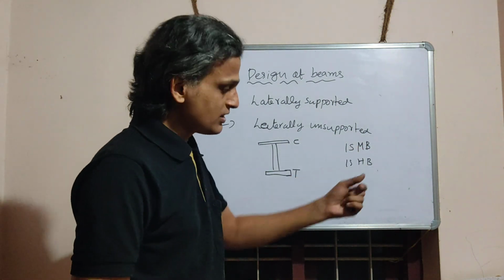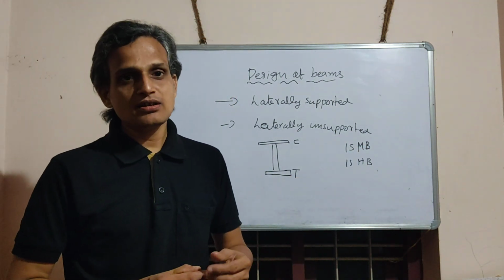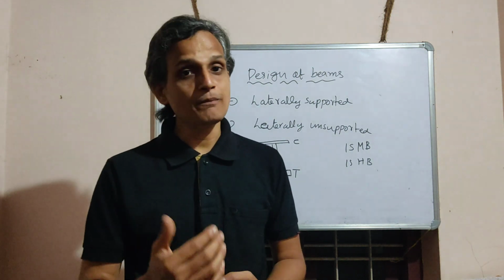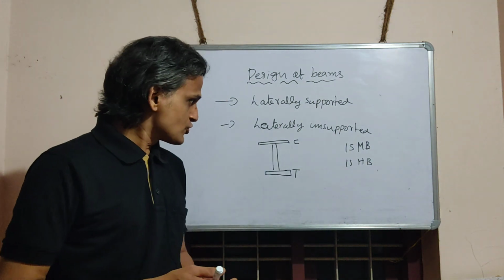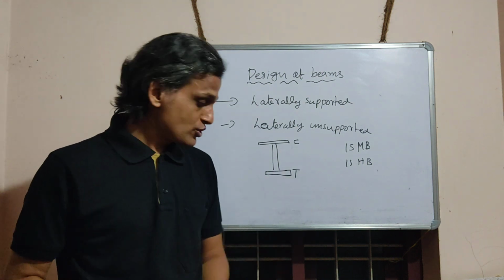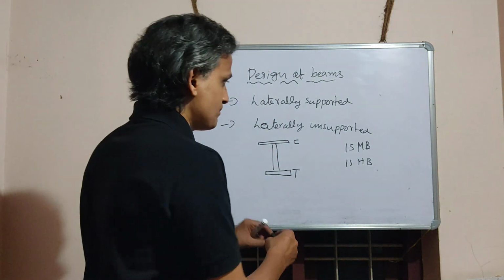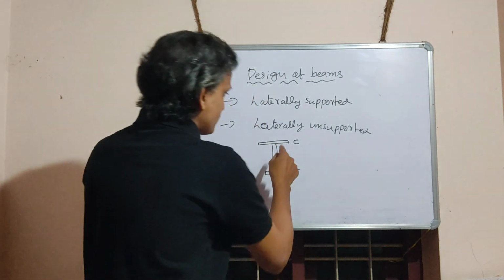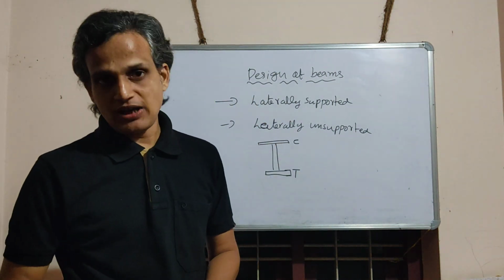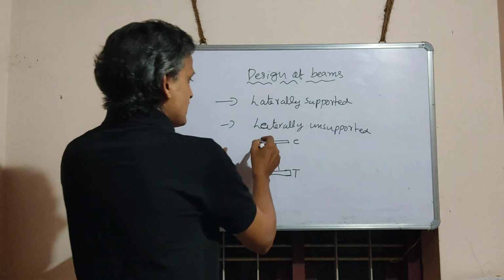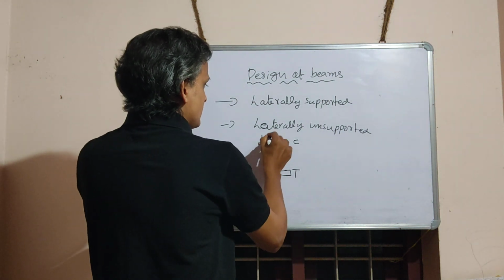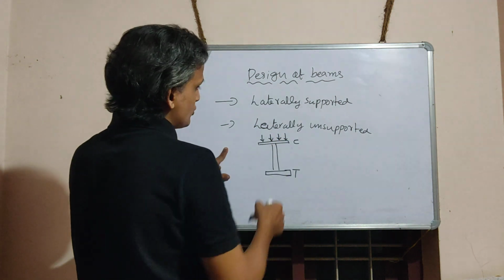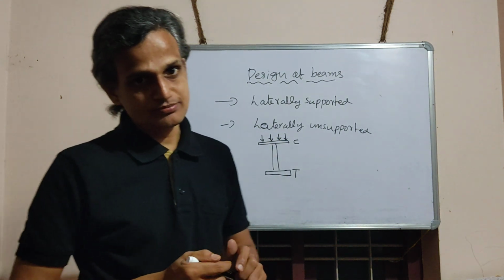The last letter is B. It indicates that it is mainly used for beam. So I section is the most commonly used section for beams. Now the top portion is the compression flange. The externally applied load comes directly to this compression flange.